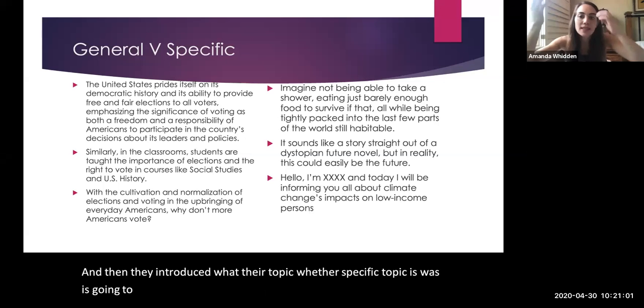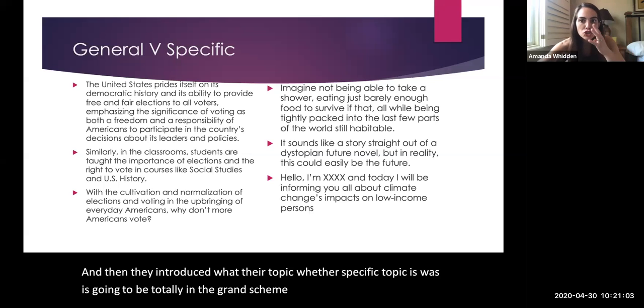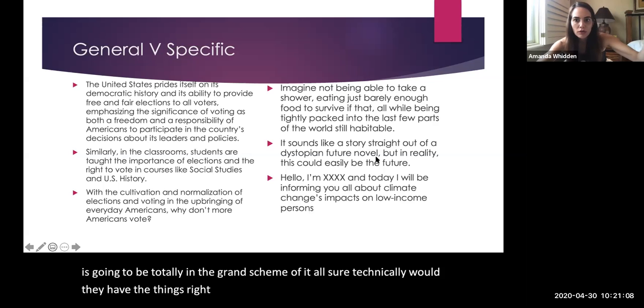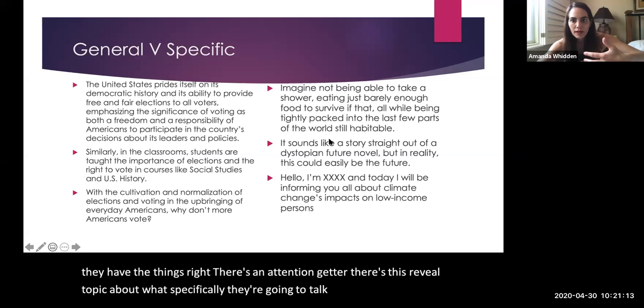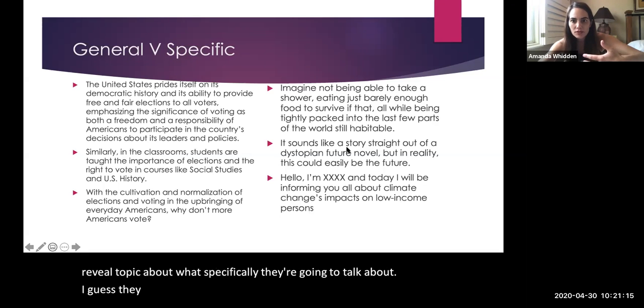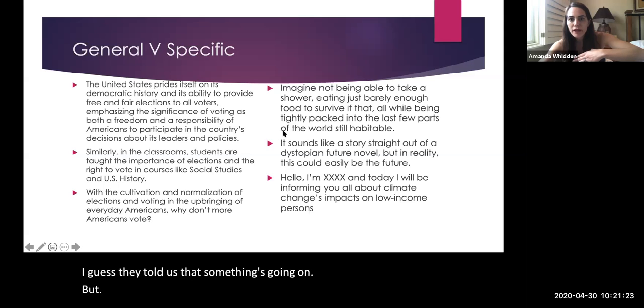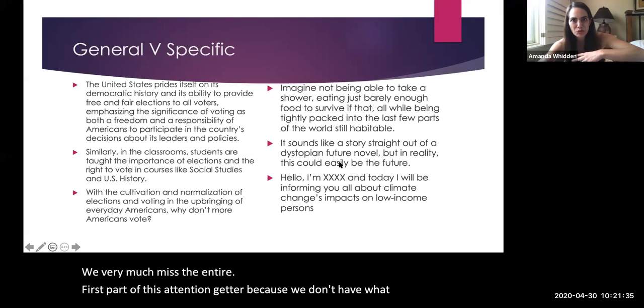Totally. So in the grand scheme of it all, sure, technically they have the things, right? There's an attention getter. There's this revealed topic about what specifically they're going to talk about. I guess they told us that something's going on, but we very much miss the entire first part of this attention getter because we don't have any context to put it in.